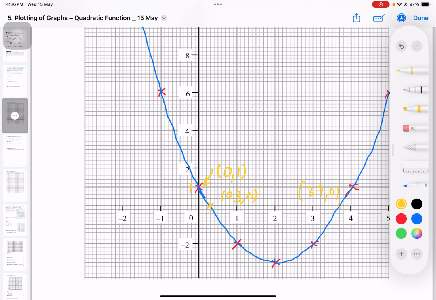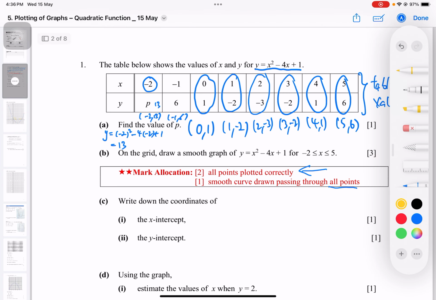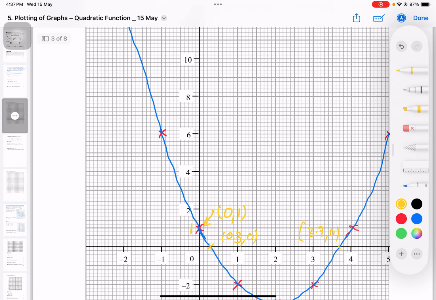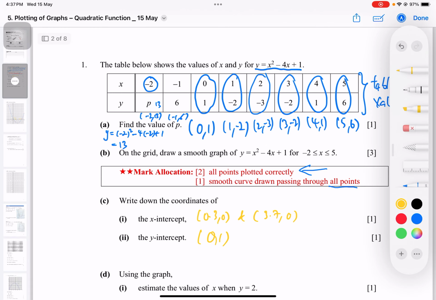So this is what we're going to fill in: 0.30 and 3.70. For the y-intercept, it is (0, 1). So 0 and 1.